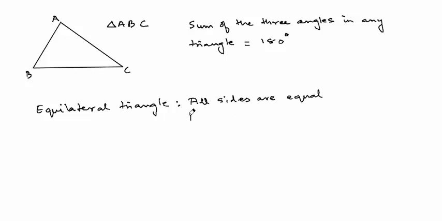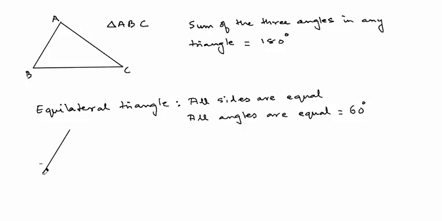And all 3 angles are also equal. And I've already said that the 3 angles in a triangle add up to 180 degrees. So if all 3 are equal, then each one is going to be 60 apiece. 180 divided by 3.